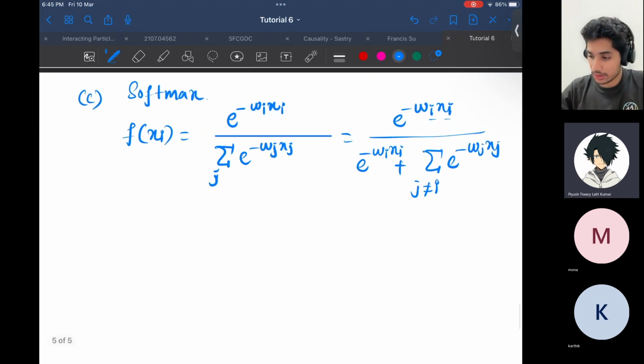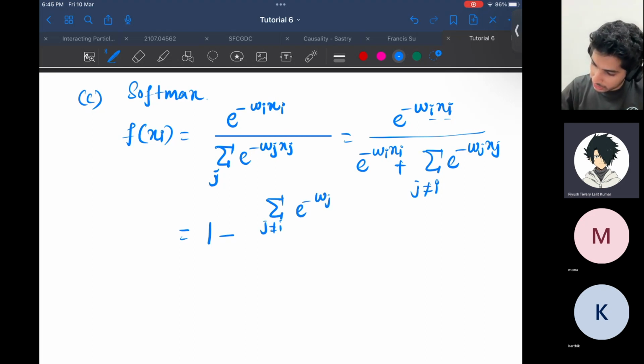And if you agree with me, this will be 1 minus the summation over j not equal to i of e raised to minus w_j x_j upon the whole summation, summed over all the things, e raised to minus w_i x_i.